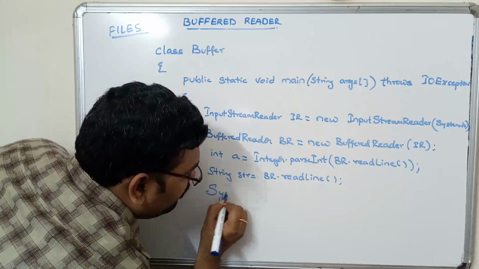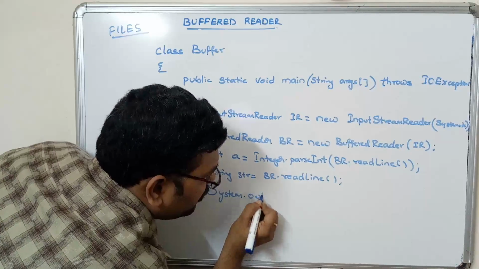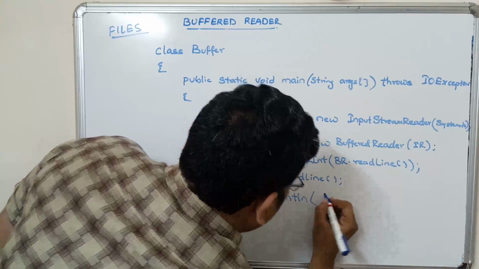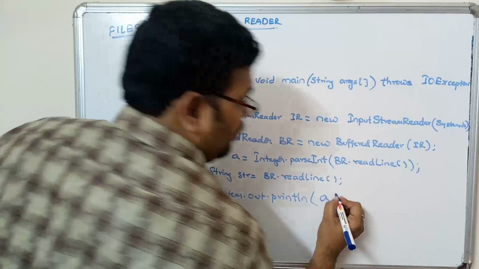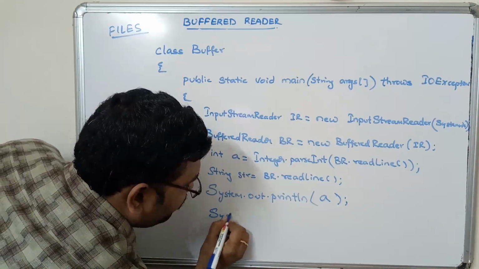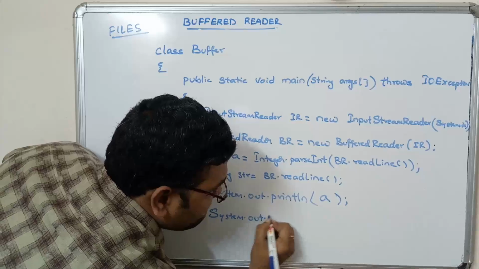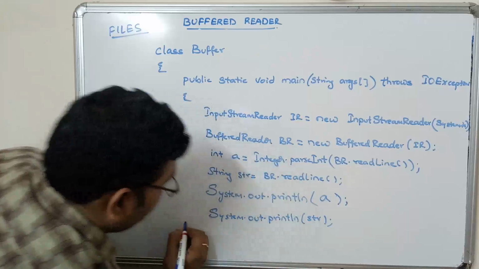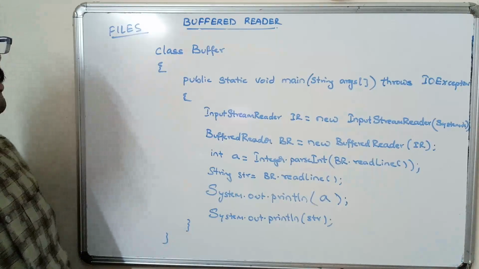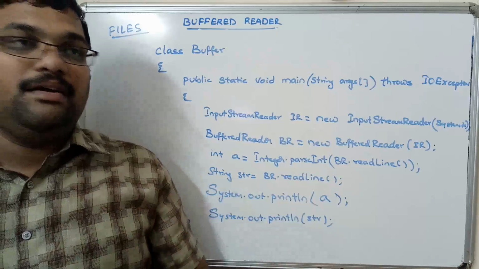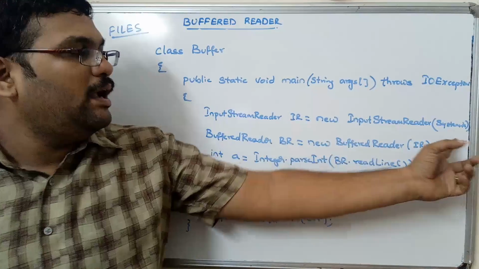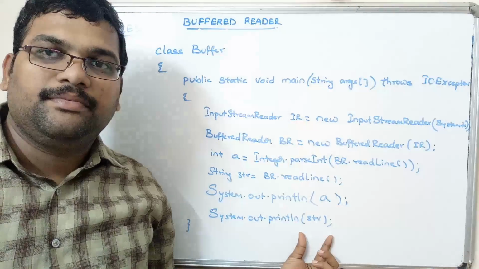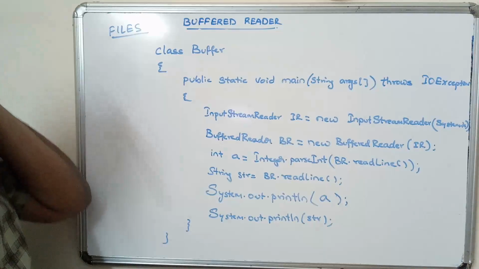Simply we can print System.out.println(a). Similarly, System.out.println(str). So you can close the main function and the class. So this is a simple program to read the data from the keyboard and print that on the screen, right? So hope you understood this one.